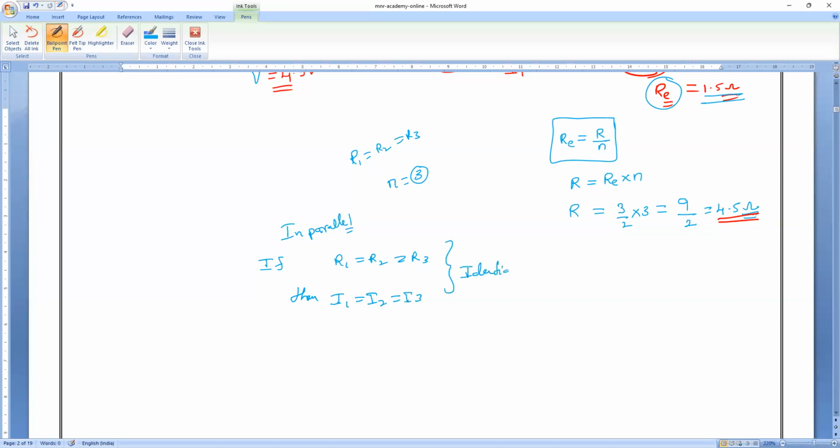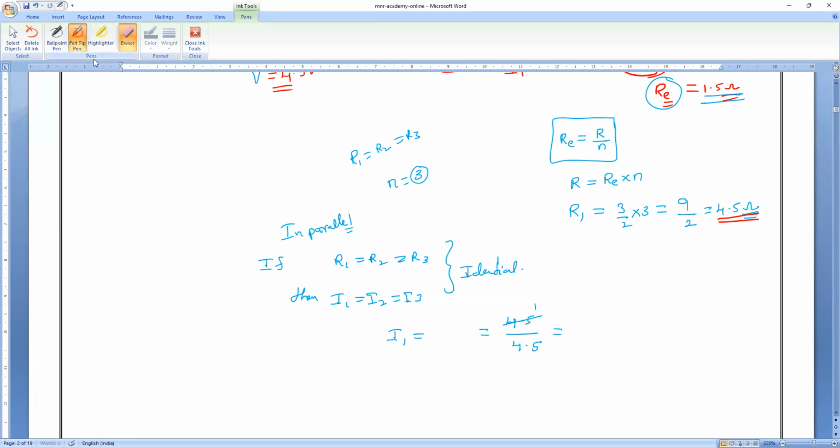Am I right or wrong, everybody? So I1 is equal to V by R1. The individual resistance is 4.5, divided by the total potential difference, also 4.5, which is equal to 1, sorry, reverse.